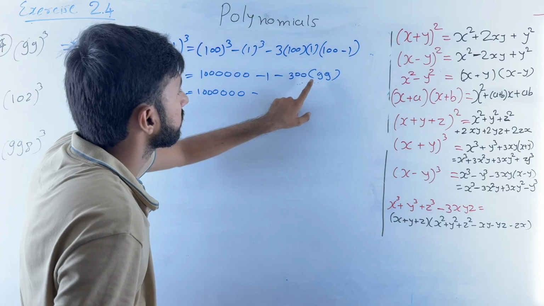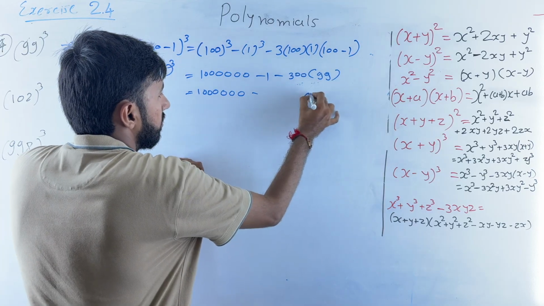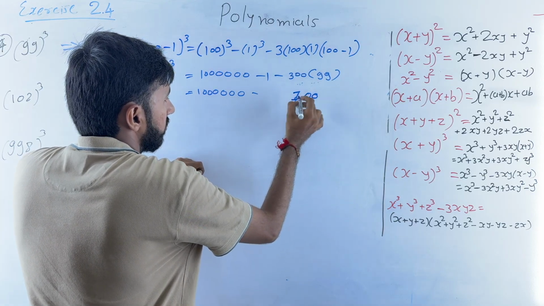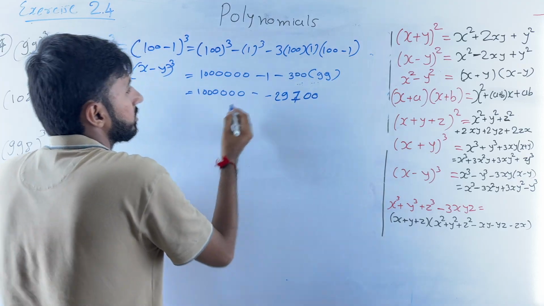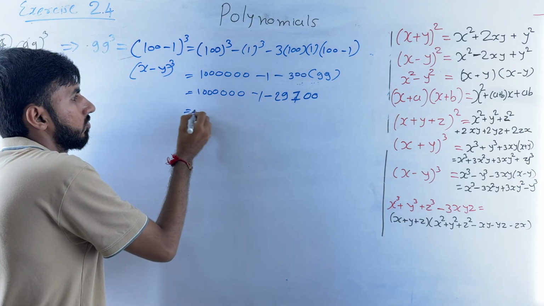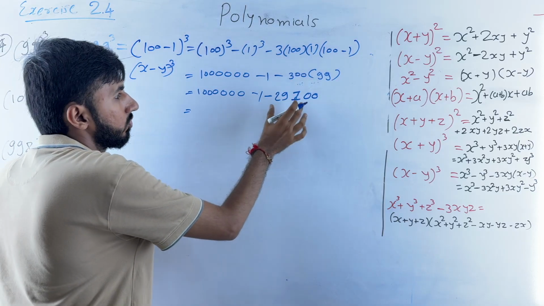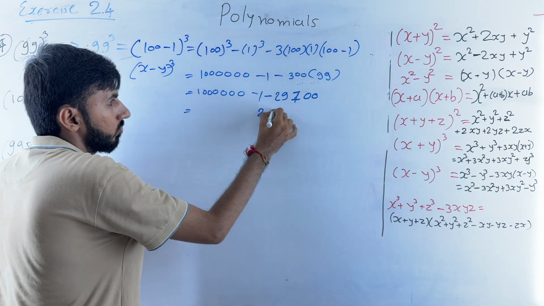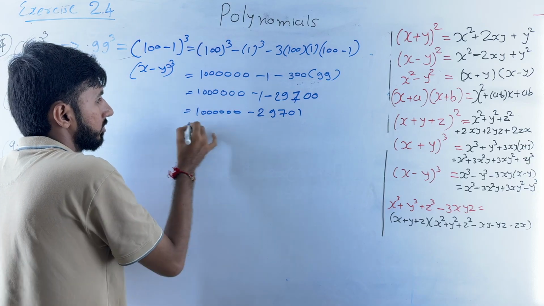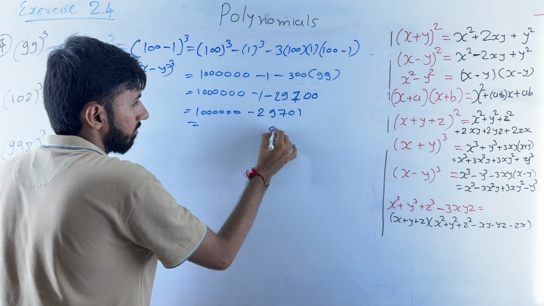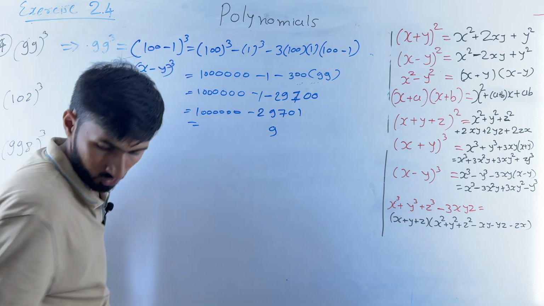My final answer will be minus this, right? Here I have 1. So if I add these two, I can write 29701 minus, and here 6 zeros. So final answer will be 9. Sorry.